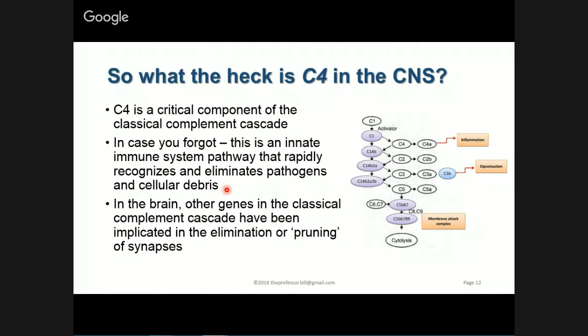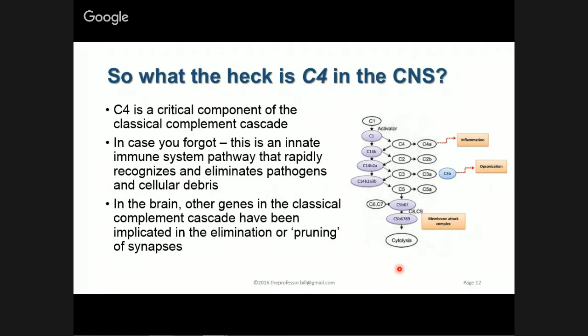If you have a bacteria or part of a bacterial wall, C3 binds, then activates other complement proteins, leading to opsonization or the inflammatory response.